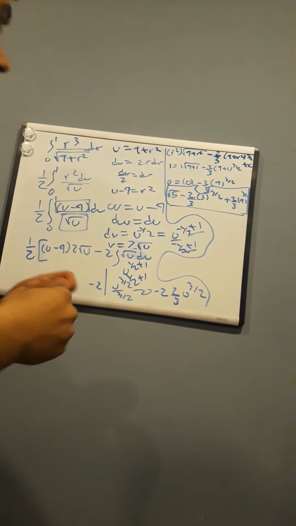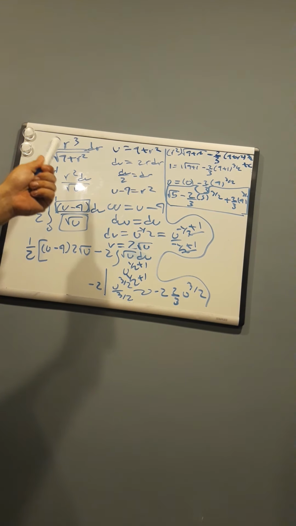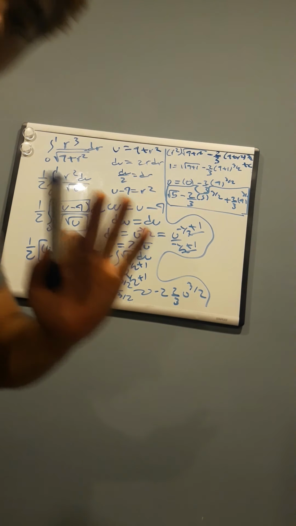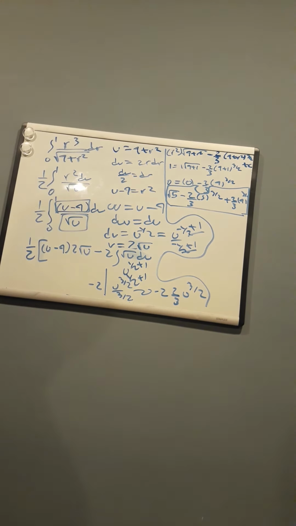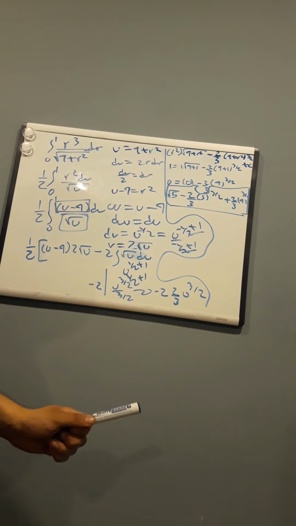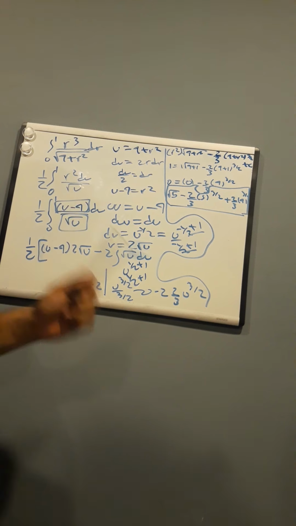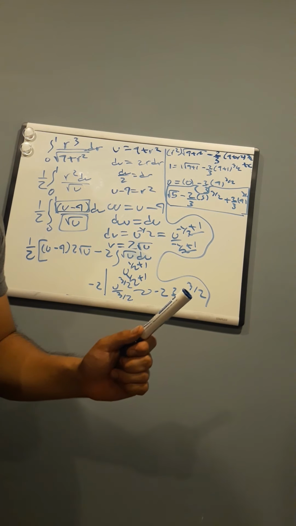So again, the answer to the integral of r cubed all over 4 plus r squared dr is equal to, if you're just looking for the family of curves, r squared times 4 plus r squared minus 2 over 3, 4 plus r squared to the 3 over 2 power. If you're looking for the actual boundaries involved between 0 to 1, it's square root 5 minus 2 over 3, 5 to the 3.5 power, plus 2 over 3, 4 to the 3.5 power.